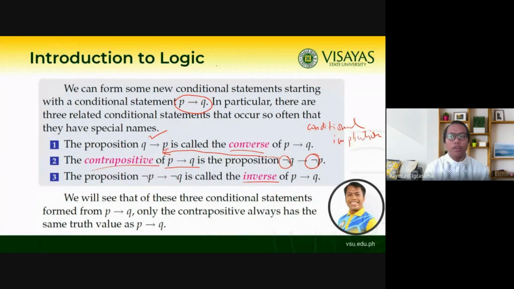Okay? Let's say for example, we have not Q implies P.